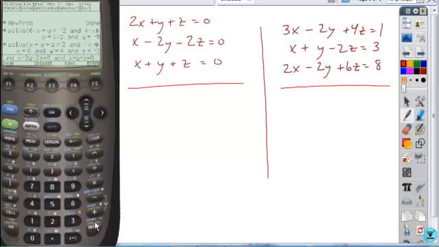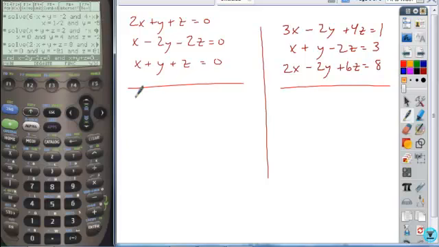Everything else is good. Hit enter. And what you should notice here is you have an @ symbol. So when you express your answers, you have x, y, and z. x is given as 0. y is given in terms of this @ symbol, negative @1, and z is given as @1.